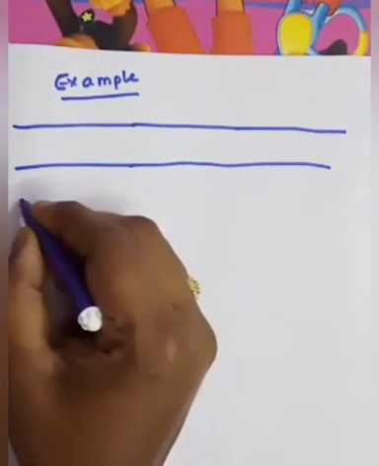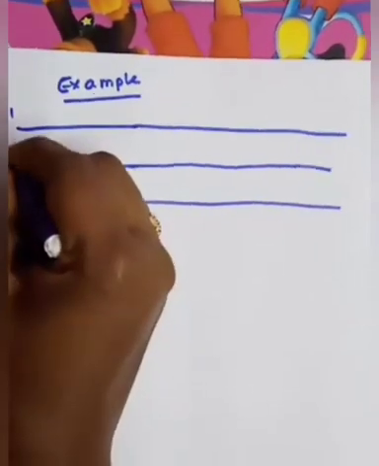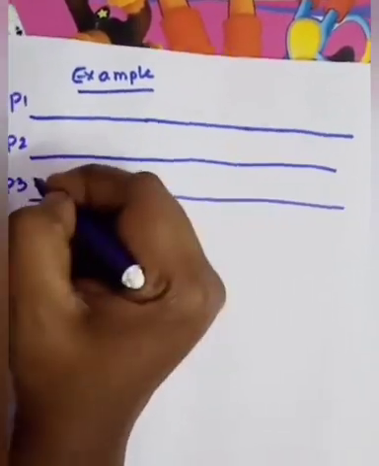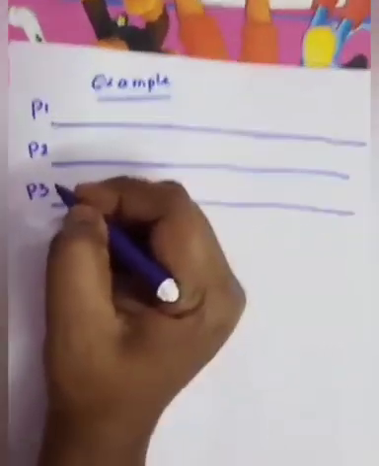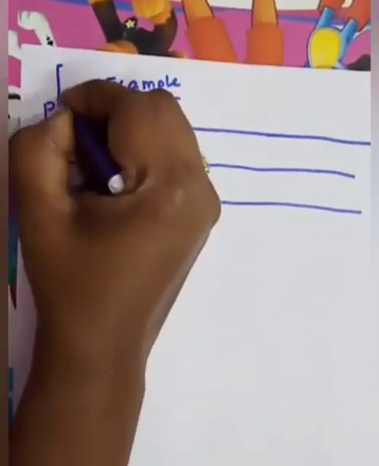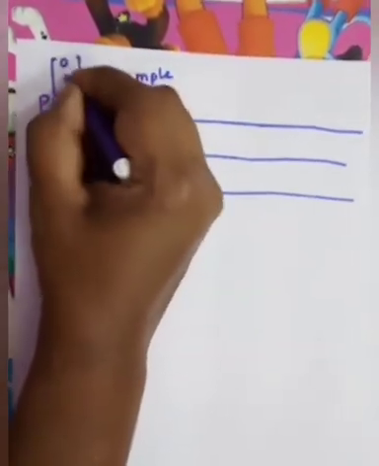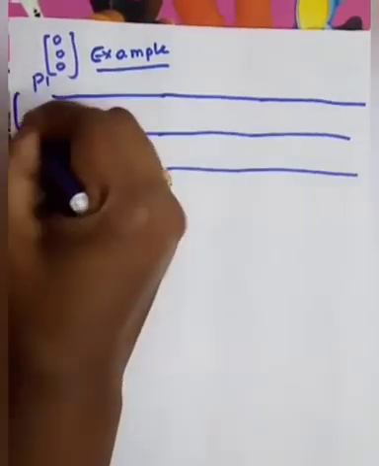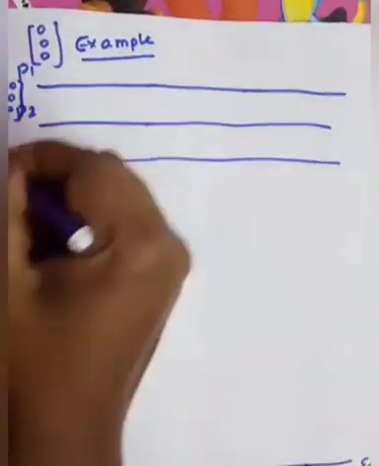Okay, we will see an example now. Let us see an example for the vector clock. Consider three processes P1, P2 and P3. According to the vector clock, the timestamp will be a vector, that is a matrix. Initially it will be 0, 0, 0 for all the processes.